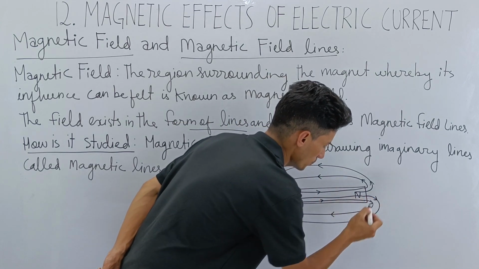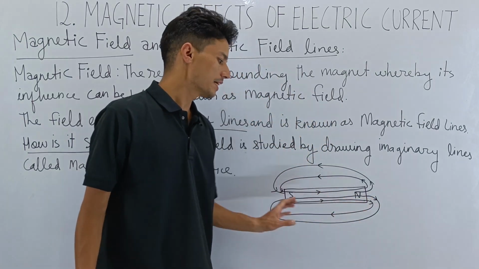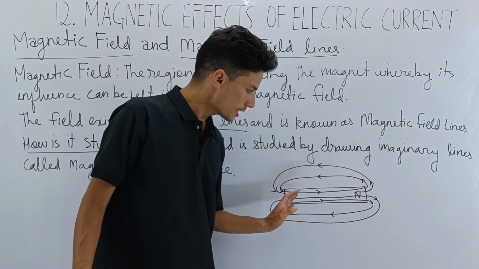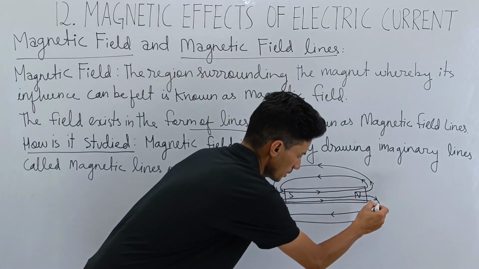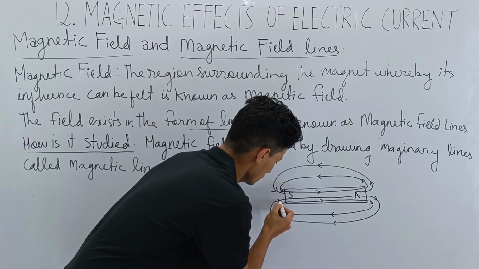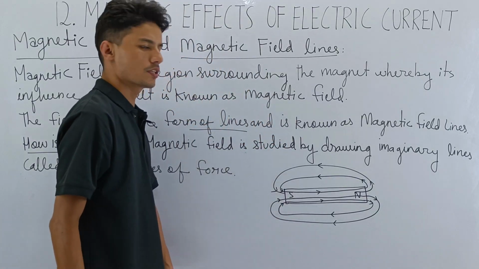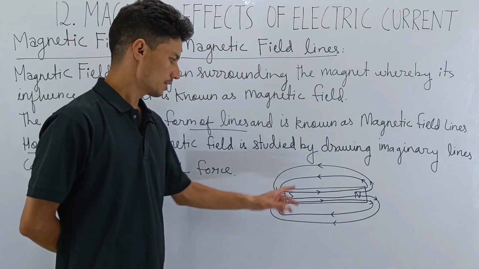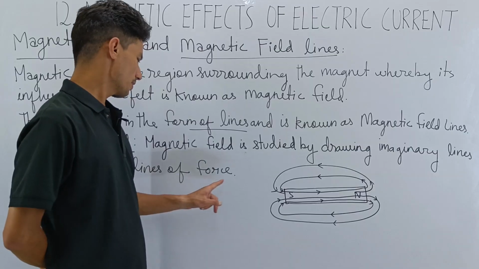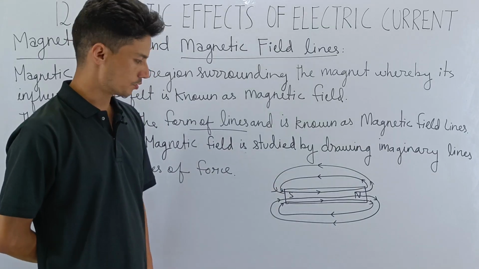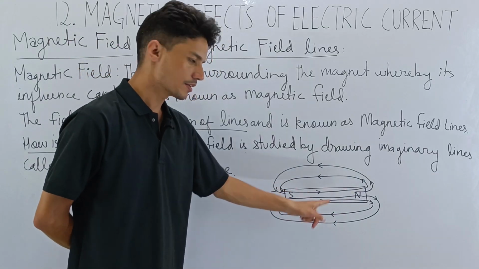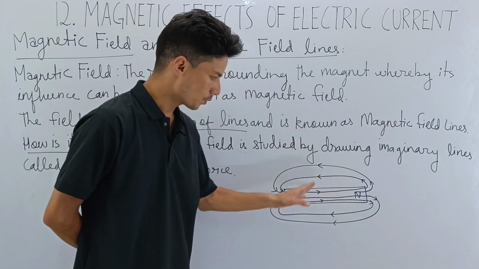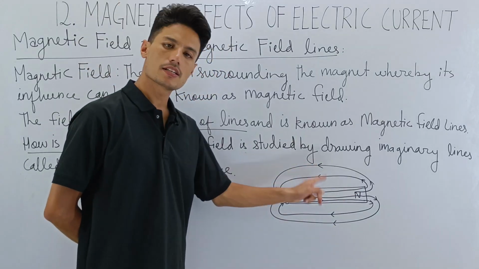So always start the arrow from the north because they emerge from the north and then head towards the south. This is how magnetic field lines of force are drawn. So in a given magnet, this is how the magnetic field lines exist.